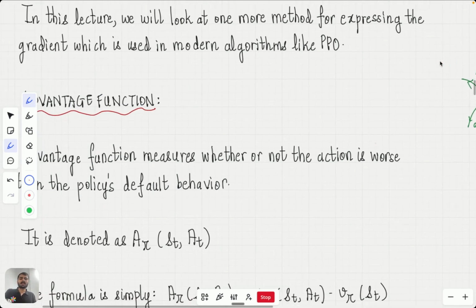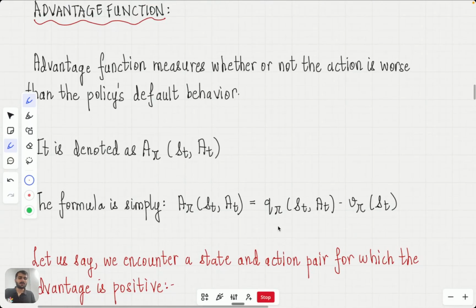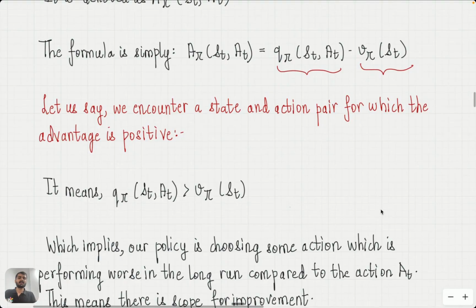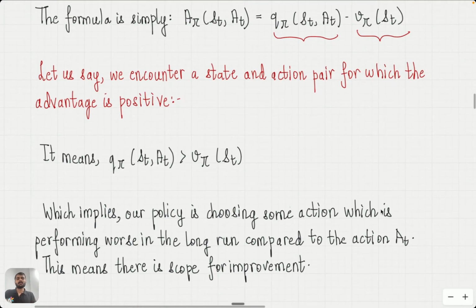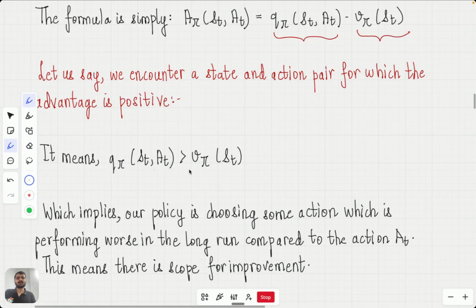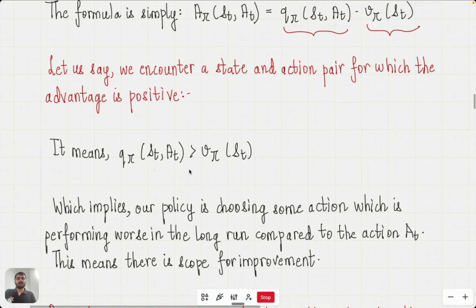So the advantage function is actually defined by the difference between the action value function and the state value function, which is q pi of st comma at minus v pi of st. So let us say we encounter a state and action pair for which the advantage is positive, which means that q pi of st comma at is greater than v pi of st. This implies that our policy is choosing some action which is performing worse in the long run compared to the action at, and there is a scope for improvement.